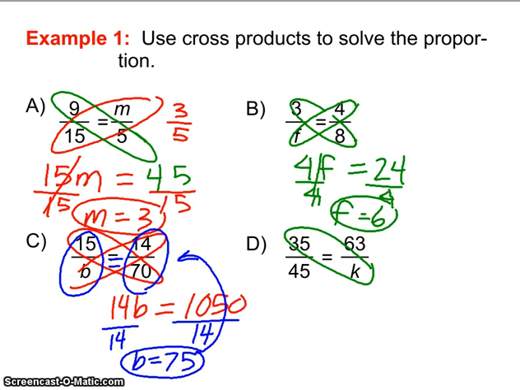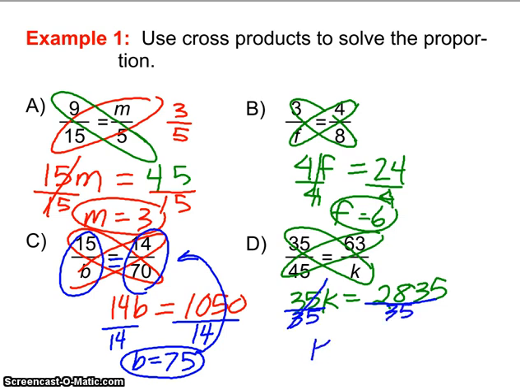So k times 35 is 35k, and because this is a proportion, I know it's equal to 63 times 45, which is 2,835. Now again, you should be using a calculator for this. k is being multiplied by 35, so you need to divide both sides by 35. And therefore, when I do the math, k equals 81. There's your answer.